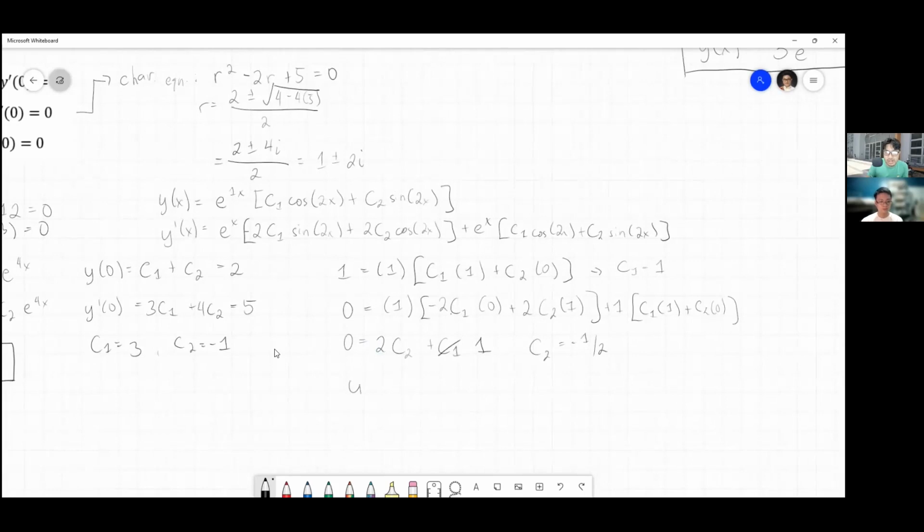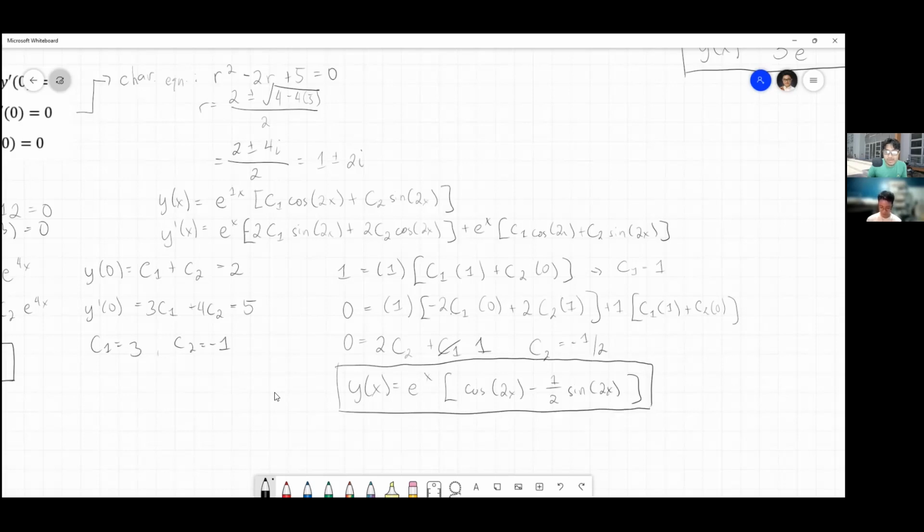So yung ating complete solution for this is e to the x times C1 is 1. So that is 1 times cosine of 2x minus 1/2 sine of 2x. Okay.